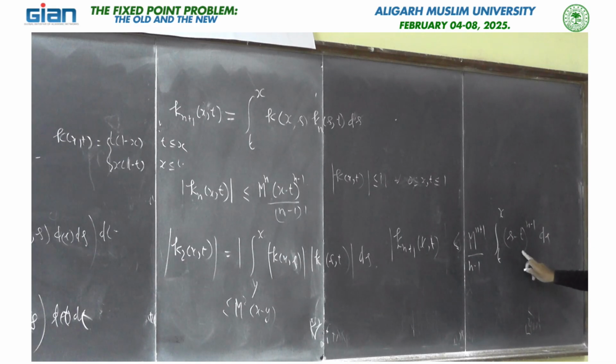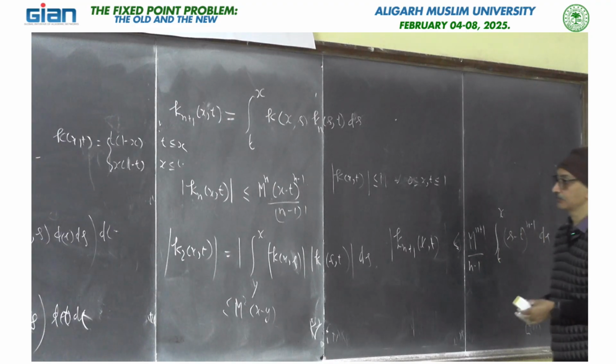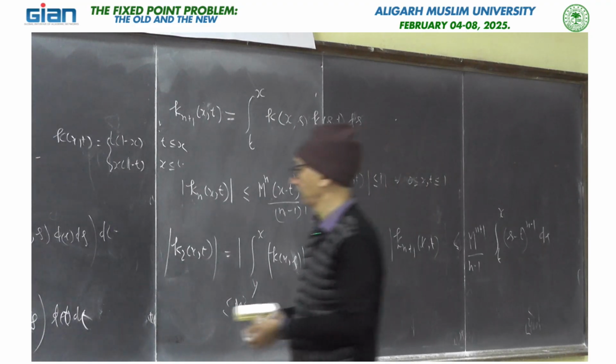Put this equal to u, and then at the lower end it is 0, at the upper end it is simply x-t, and to the power n, and one more n here, and that matches with that. So, you have this estimate.